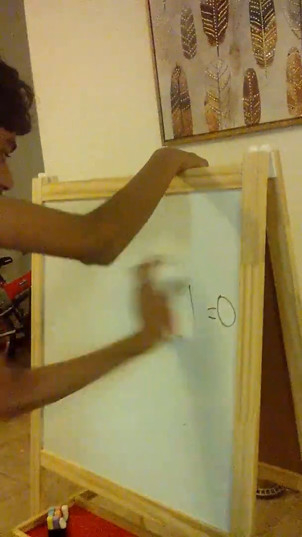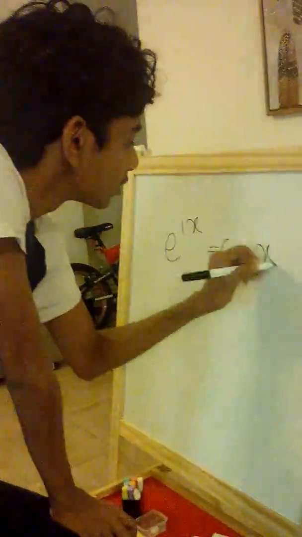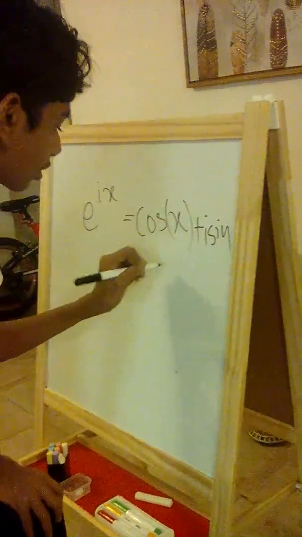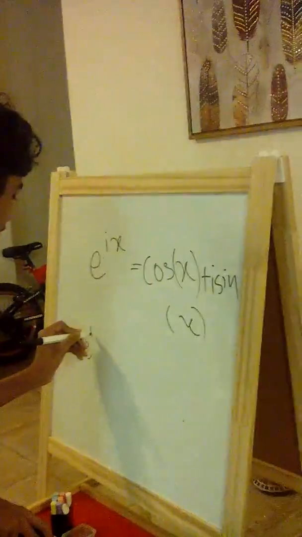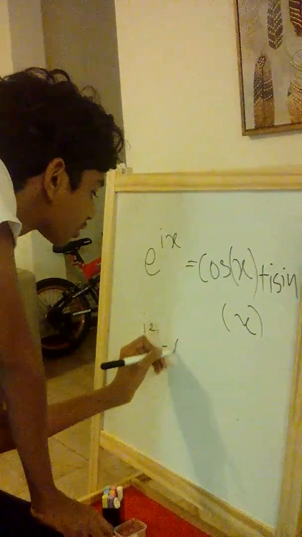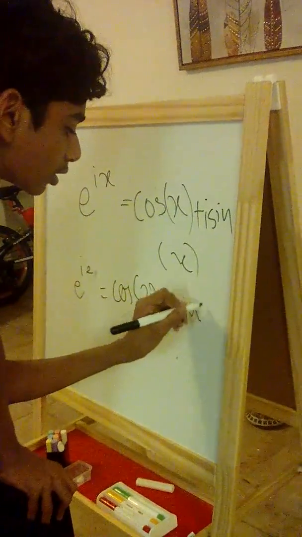From this, other mathematicians found a theorem that e to the i x equals cos of x plus i sine of x. So it basically says, if you say e to the i times, let's say 2, this will be equal to cos of 2 plus i sine of 2.